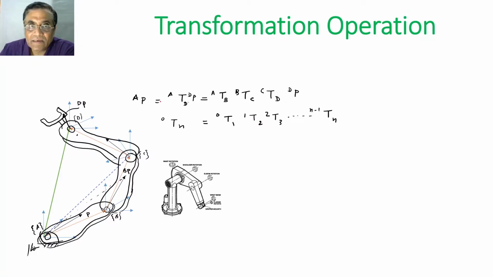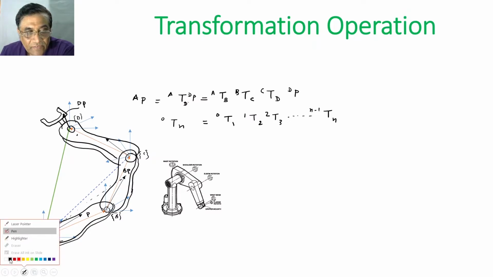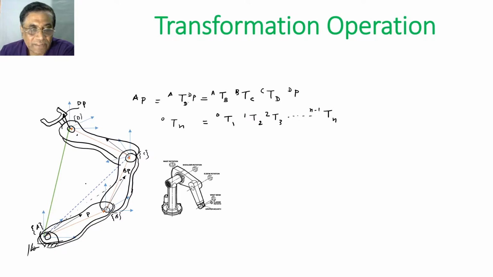You see, anywhere in this open kinematic chain, if you have a point, and you know its position vector with respect to the inertial coordinate frame, or with respect to any coordinate frame, what will be its description when the link is moving, I can capture using a 4x4 homogeneous coordinate transformation matrix. Then why do we need DH notations, Denavit-Hartenberg notations?